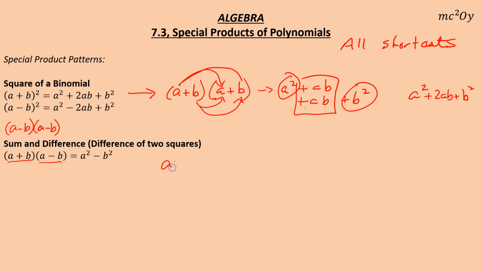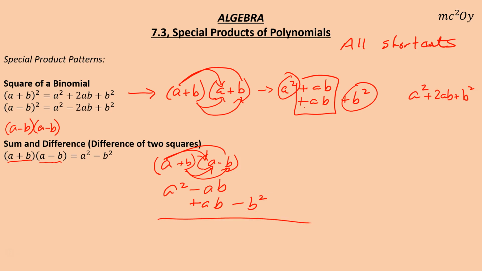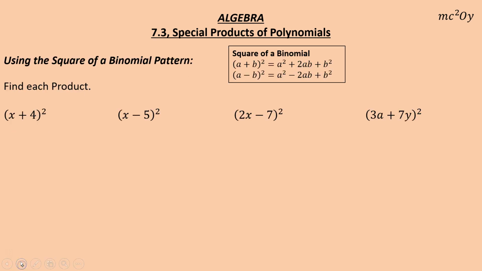Once again, the reason is, if I have a plus b and a minus b and I multiply that out, there's my a squared, there's my negative ab, and there's a positive ab, and then there's a minus b squared. So notice in the middle, negative ab and positive ab cancel out, and I'm just left with the front, a squared, and the back, minus b squared. It's the difference of two squares.